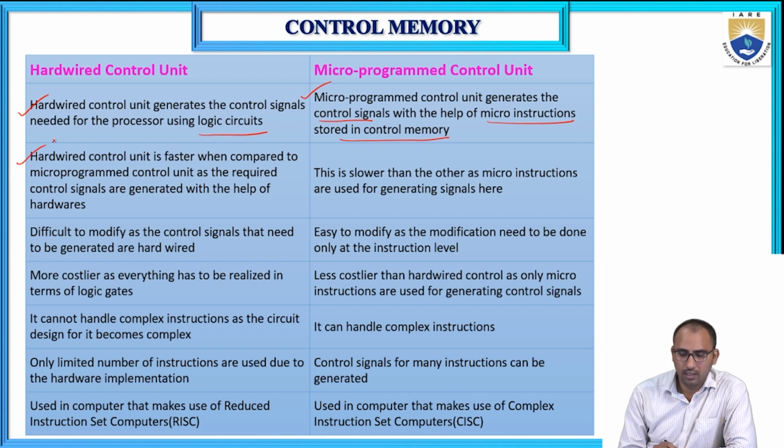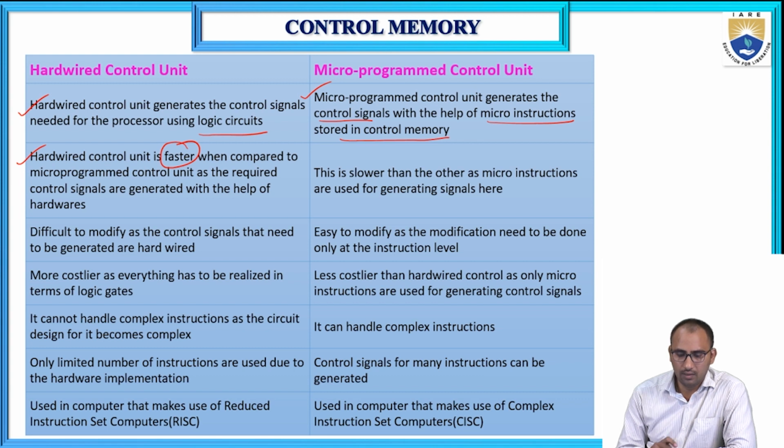Second, the hardware control unit is faster when compared to the microprogrammed control unit. It is faster because it is designed using only combinational logic circuits. That means we are not using any memory storage elements.